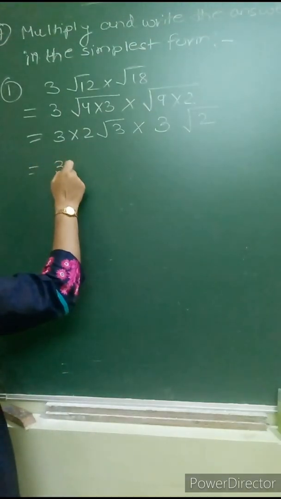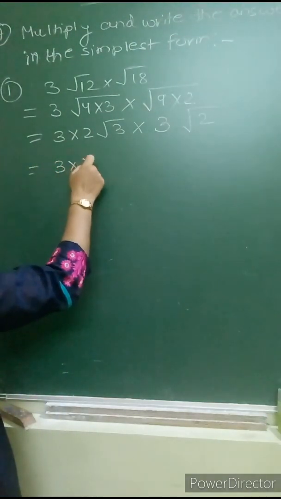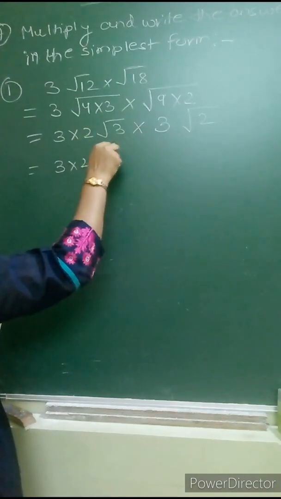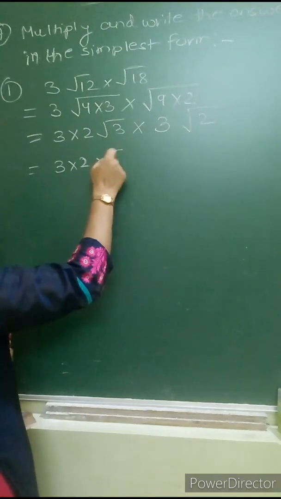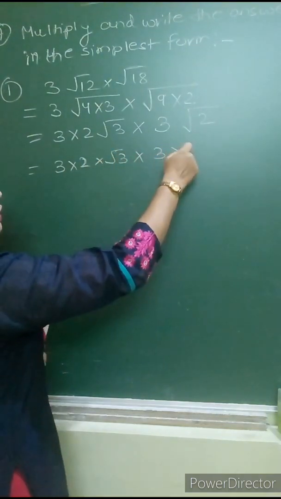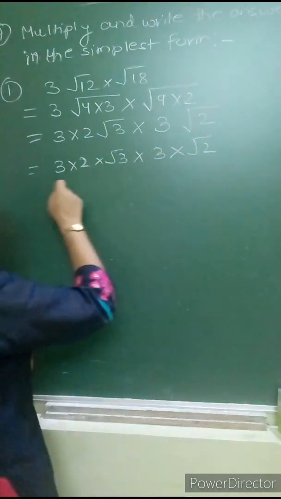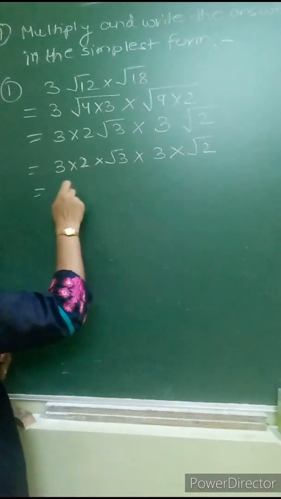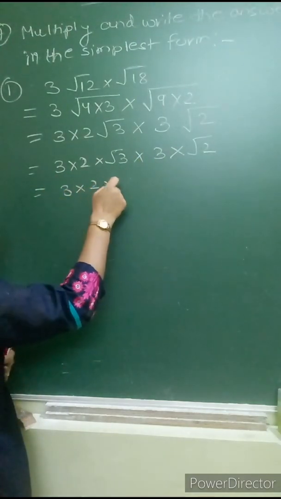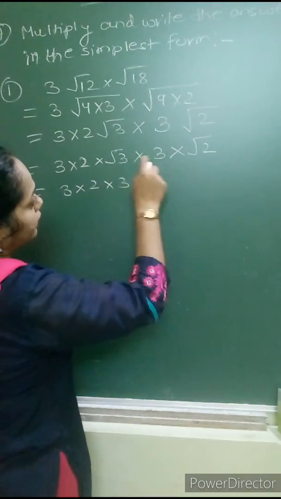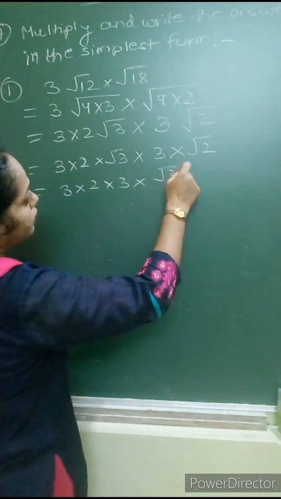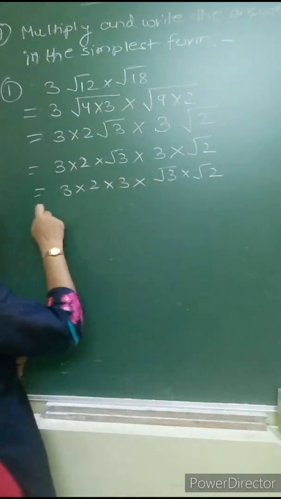Now this can be separately written as 3 into 2, and 2 square root of 3 can be written as 2 into square root of 3. Similarly, this can be written as 3 into square root of 2. Now the whole numbers can be written together, and the square root of 3 and square root of 2 can be written like this.